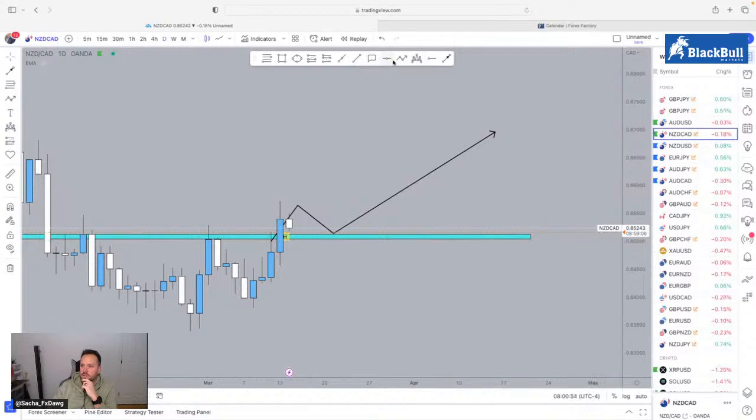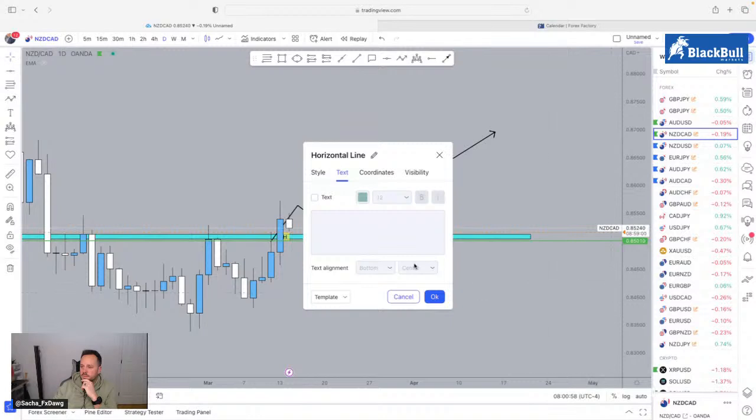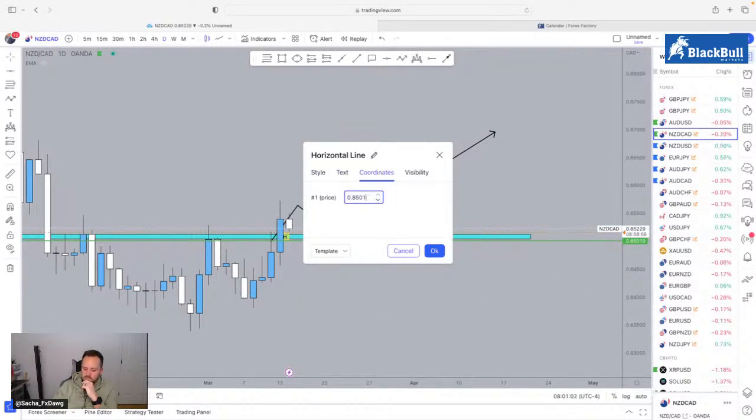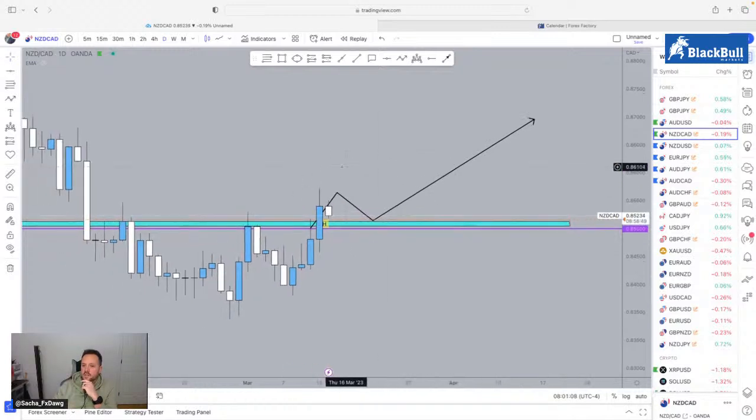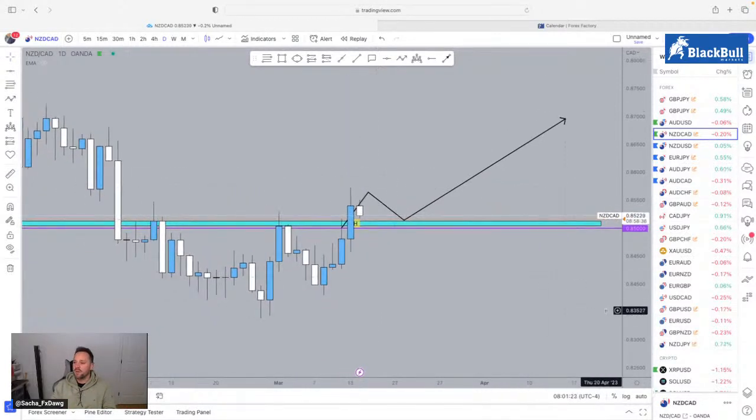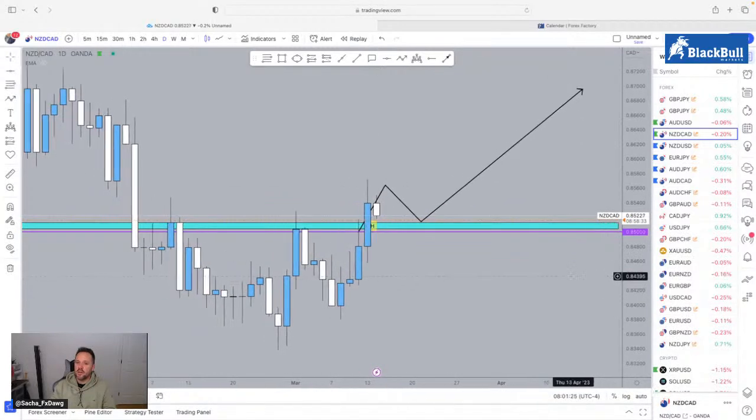So we can establish that 85 as a major QP right here. We'll respect that to the T. So that's another confluence we're building up. Basically what I'm doing right now is building up my case, kind of like building up a murder case, right? I'm building up a case on my trade going bullish.